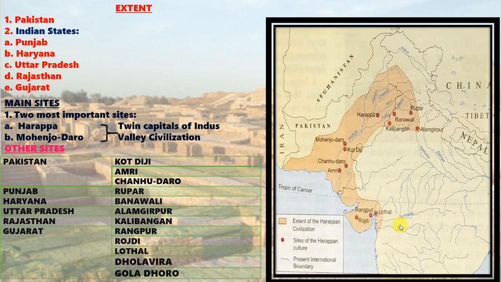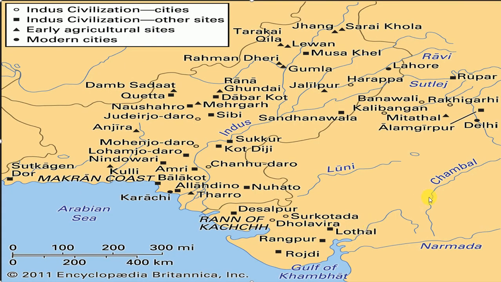And one more thing, Gola Dhoro. These are not shown here, so let me show you Dholavira and Gola Dhoro as well. As you can see here, here is Dholavira, and here somewhere is Gola Dhoro. The coordinates are real, but you cannot find the actual location of Gola Dhoro on the map on Wikipedia.